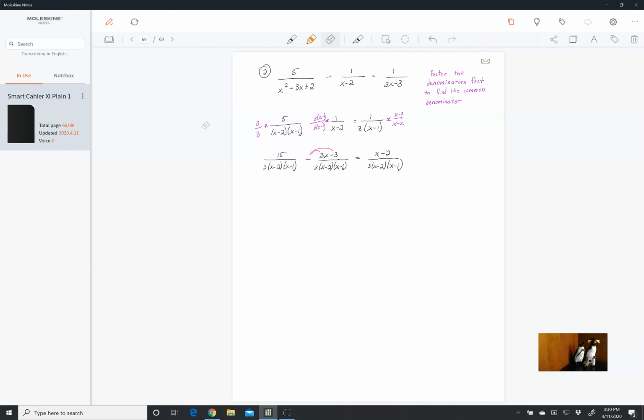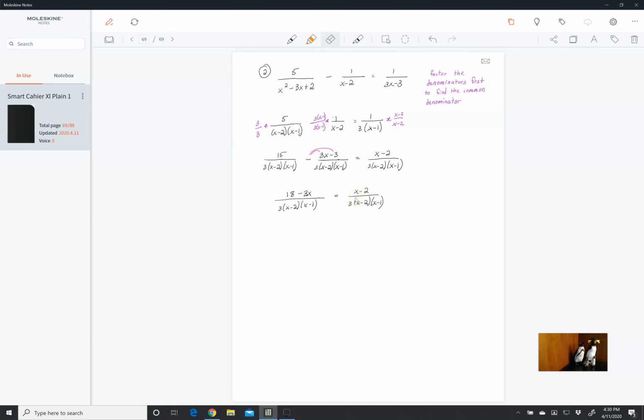We have 15 plus 3, which gives us an 18, minus 3x, over 3 times x minus 2 times x minus 1 is equal to x minus 2 times 3 times x minus 2 times x minus 1.